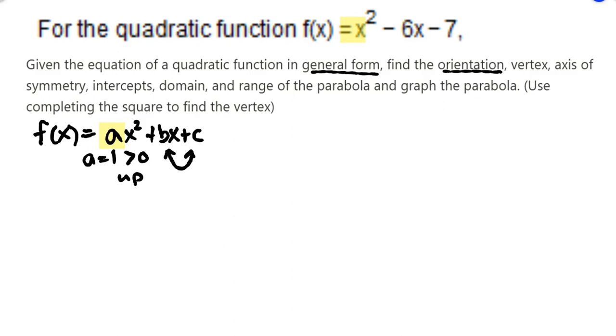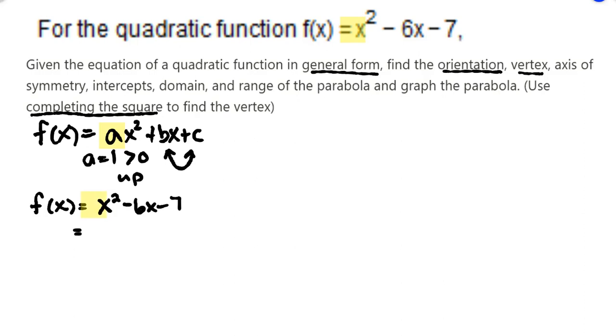Then we want to find the vertex, and we're going to find the vertex by completing the square. So we're going to start with our function f of x equals x squared minus 6x minus 7, and we're going to start by factoring out the leading coefficient from the x squared term.